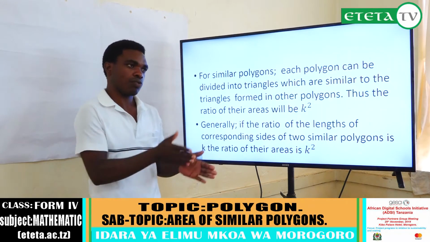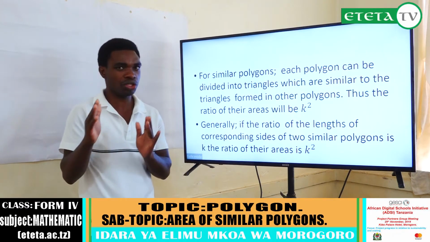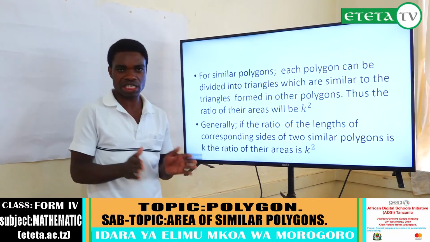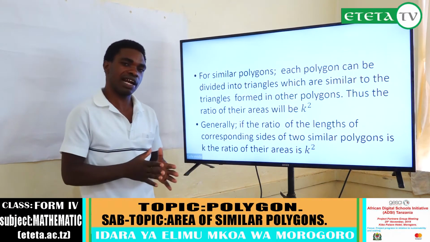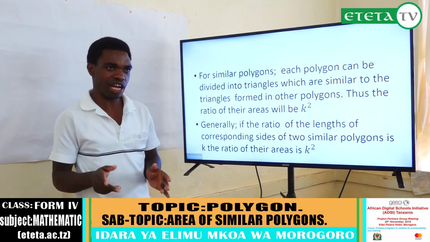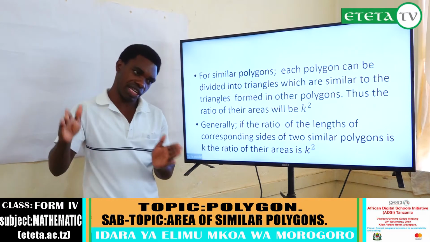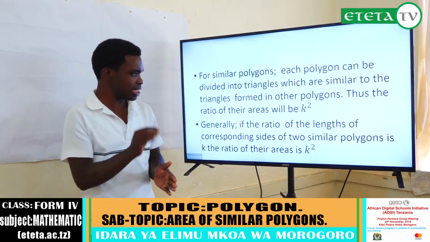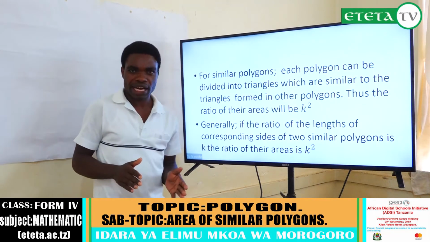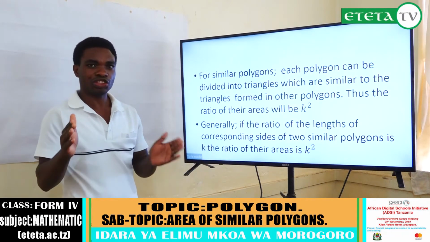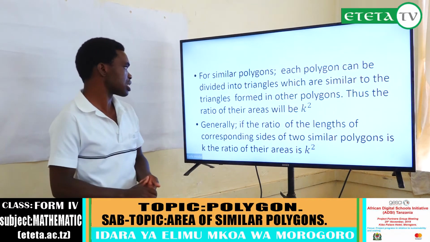For example, we divide the parallelogram into two triangles. Similarly, the square can be divided into two triangles, or four, or whatever. The rectangle and the rhombus are treated the same way. Therefore, any polygon can be divided into a number of triangles.